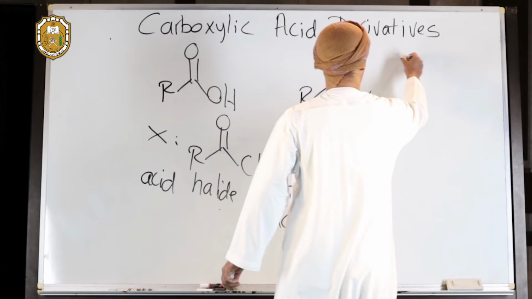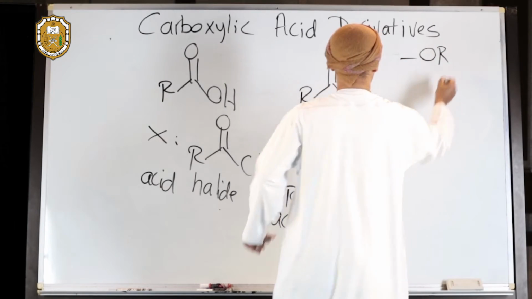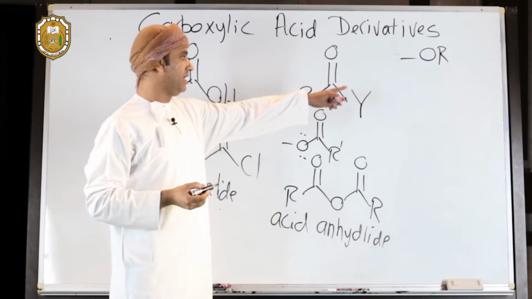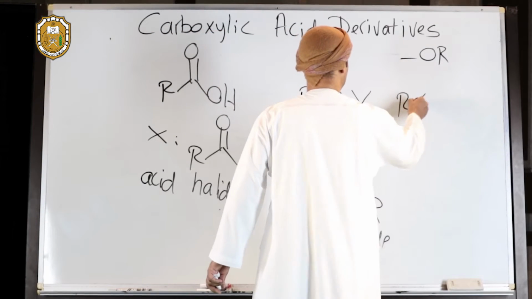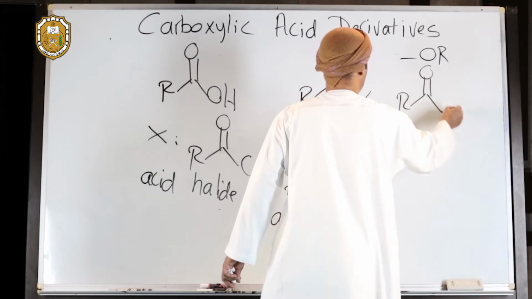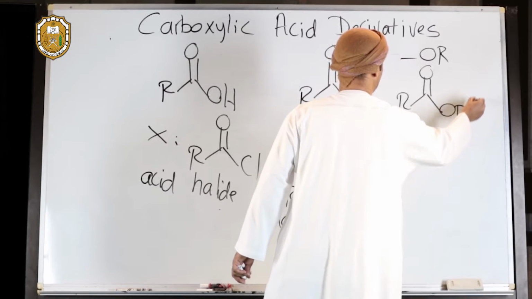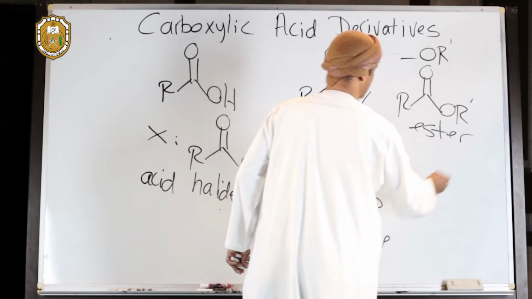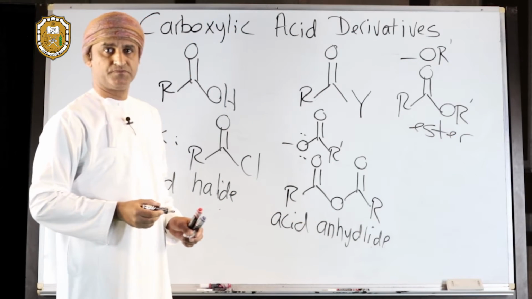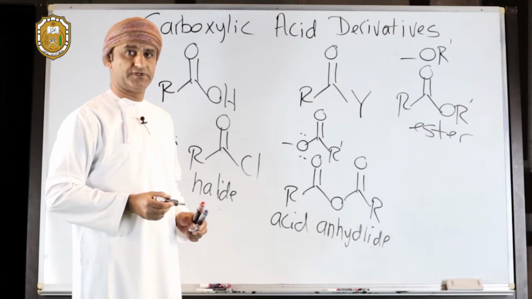If Y is an OR, so instead of OH, you have OR, we get this general formula or structure, and that's therefore an ester. So esters are also derivatives of carboxylic acids.